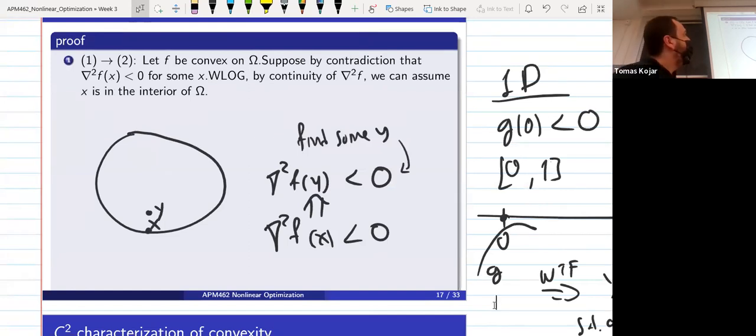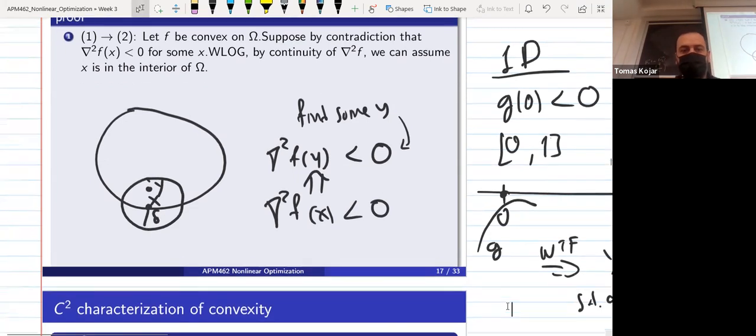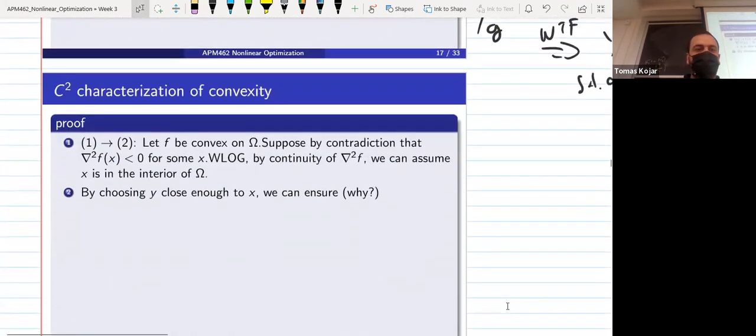Okay, good. Anyway, if it's in the boundary, you can move a little bit in with this continuity argument, because you can draw a ball around it of size delta, and you have epsilon over 2 error. Anyhow, that's this technicality.